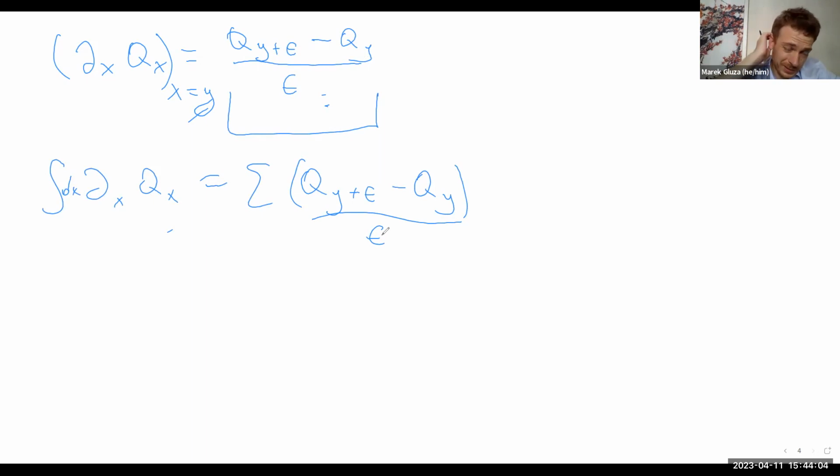And just a reminder, this was going from 0 to 1, so this was q(1) minus q(0). Here I would take the limit of epsilon going to 0, and here I need to sum over some y_k. Right? So that's Riemann sums. And this transition was very useful.